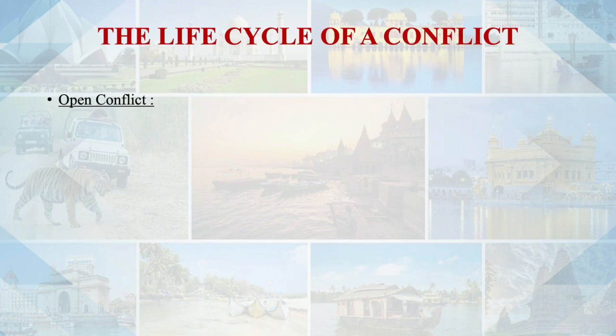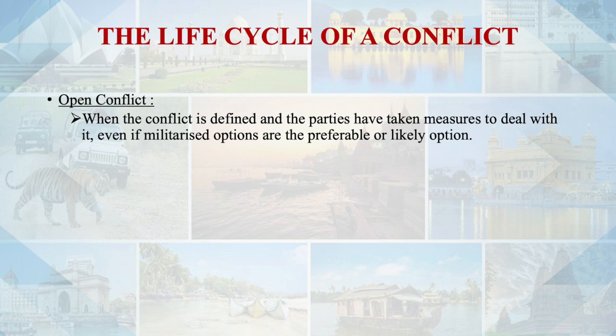What happens in open conflict? When the conflict is defined and parties have taken measures to deal with it, even if it is military intervention or some other option, it is known as conflict. So when the situation reaches such a level that the concerned country or group is looking for military options to deal with it, then it is an outcome of an open conflict.